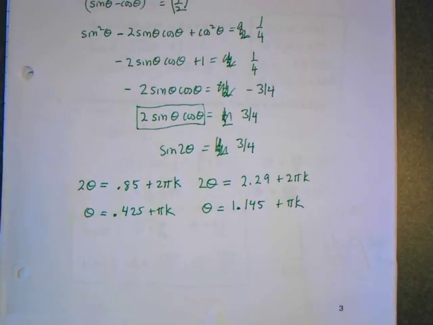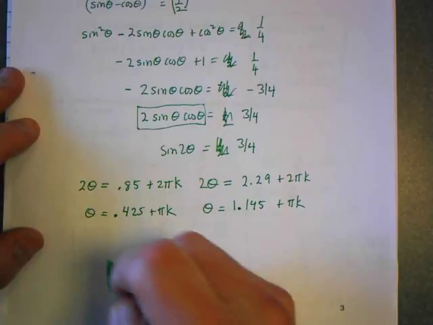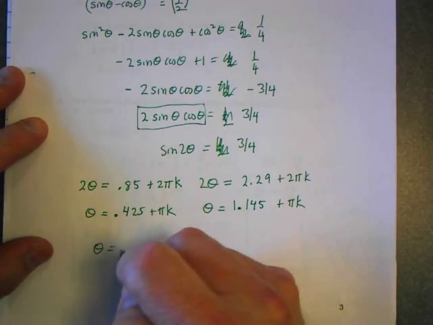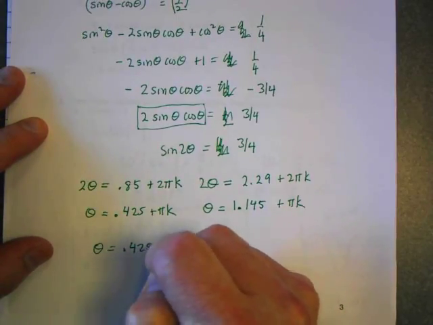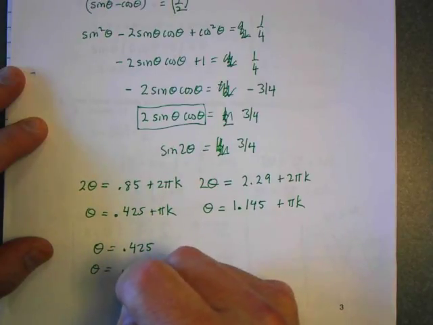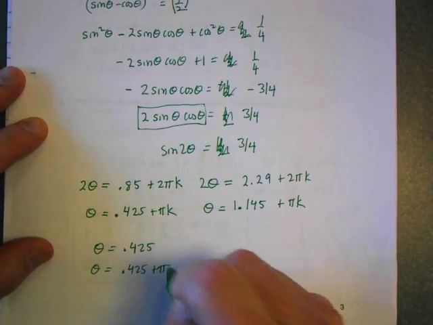Okay, so it looks like how many answers are we going to have? Looks like we should have 4 answers. So our 4 answers should be theta is 0.425. Theta is 0.425 plus pi.